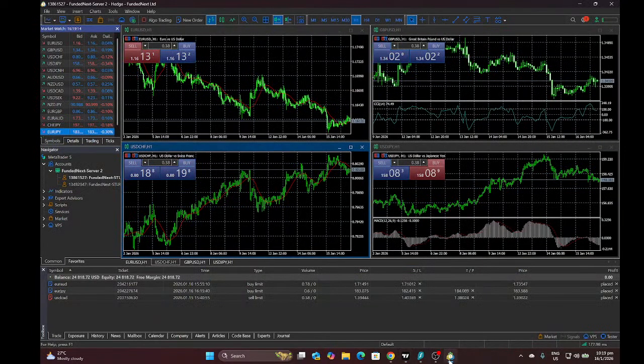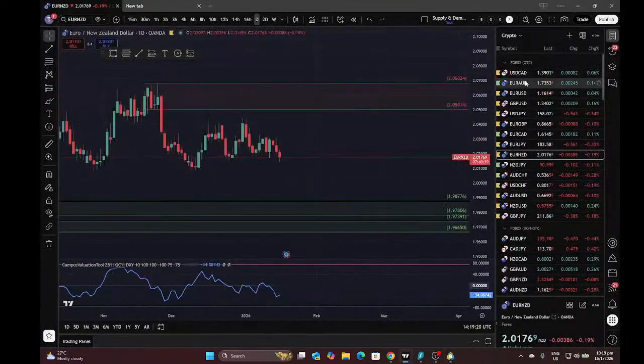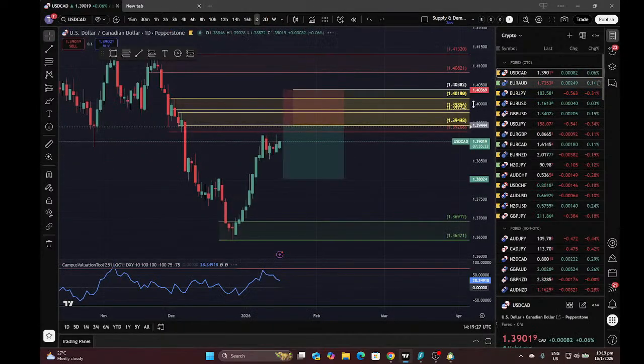So let's review again. We have Euro Aussie, Euro Yen, USD Canadian. Euro Yen, let's move to the top. And we're gonna go through the currency pairs in detail. Okay, so we may actually have this trade triggered tonight, or probably early next week.